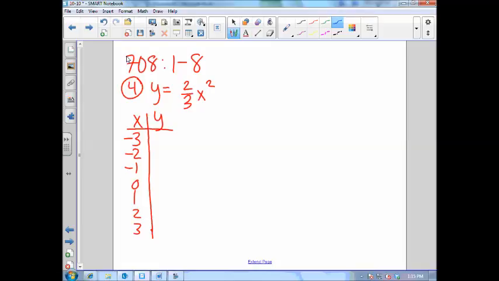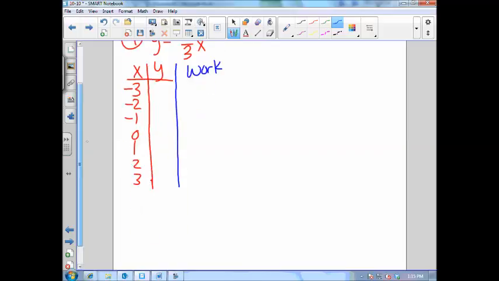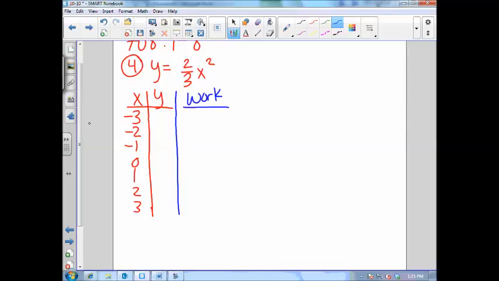Well, that's part of the... Oh, I thought you said it was a domain and range. Okay, so I guess we'll work it out. To find out the y values, you plug them in. First, we do 2/3 times whatever the x was, squared. Wherever there's an x, I put parentheses, because that's the place we plug in.